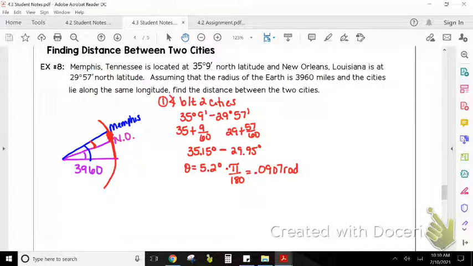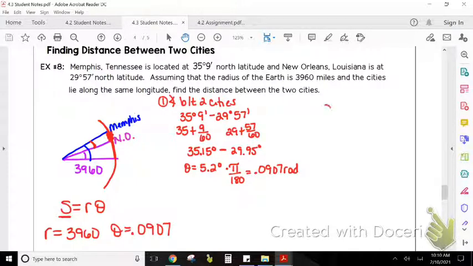Alright, so I know my angle, so now I can plug in and find my information, because remember, if we're after arc length, that's equal to r times theta. We know our radius, it told us the radius was 3960, and now we know that our theta is 0.0907.